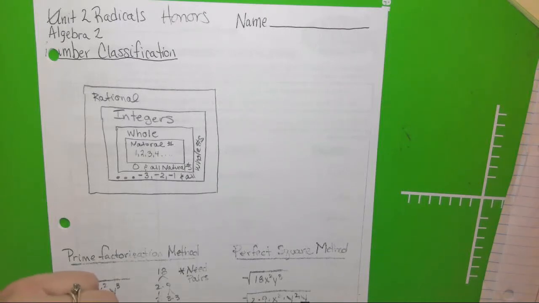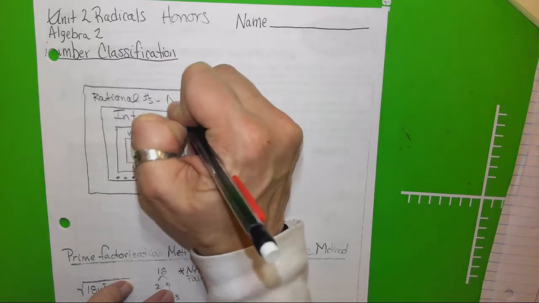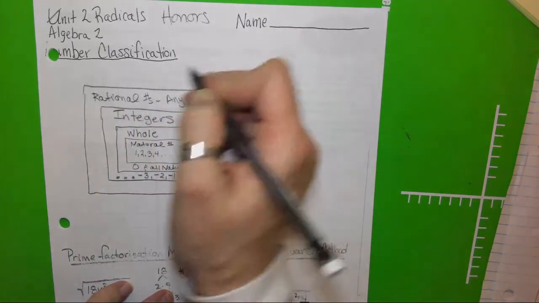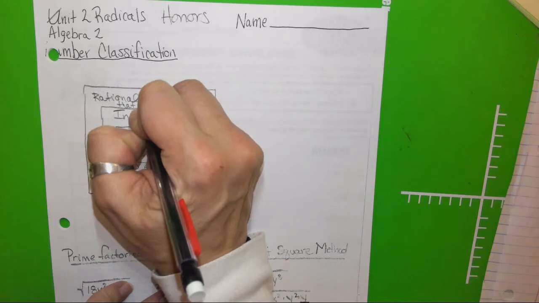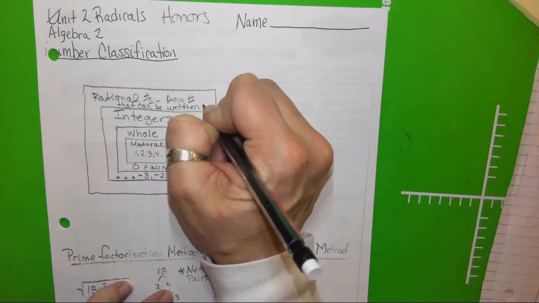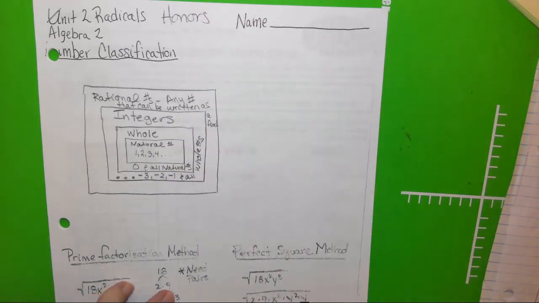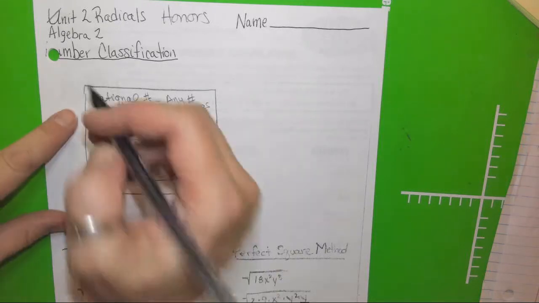So the rational numbers are any number that can be written as a fraction. Really need to give myself a little bit more room there. So a rational number is anything that can be written as a fraction.